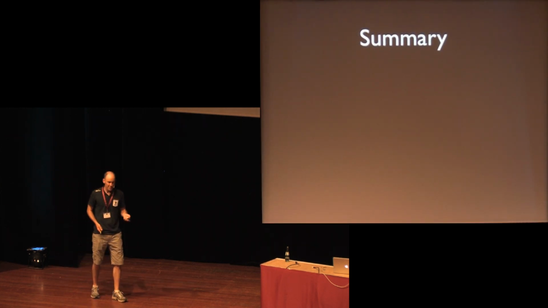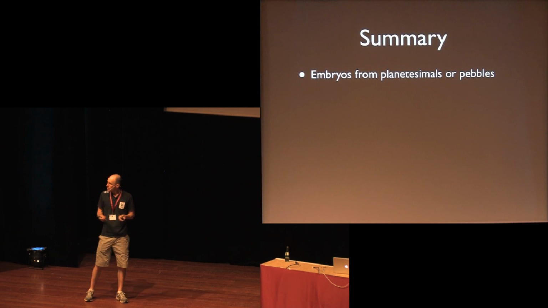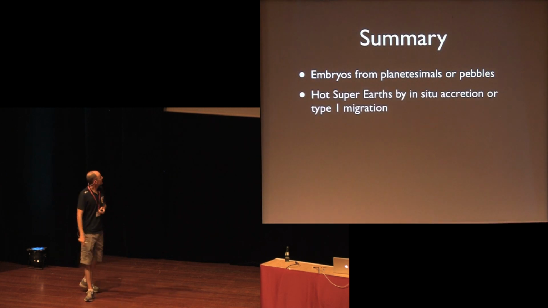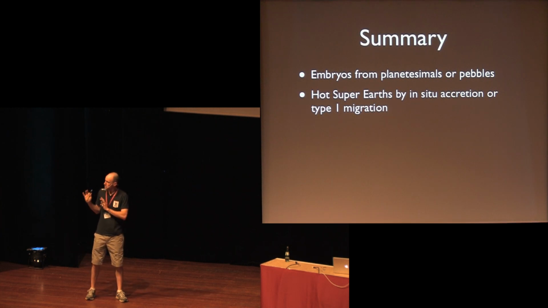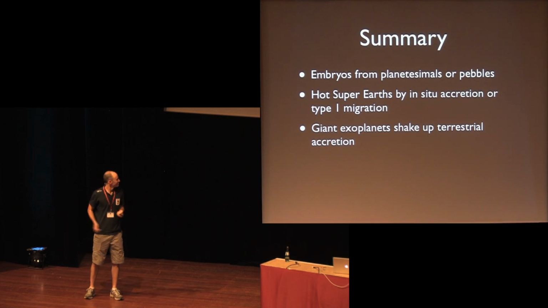I'll just summarize the key points that I hopefully conveyed. First, embryos form from planetesimals or maybe from pebbles. Two models: a hot super-Earth probably formed by either in situ accretion or type 1 migration, or maybe a combination of the two. Giant exoplanets really do big things to terrestrial planet formation.